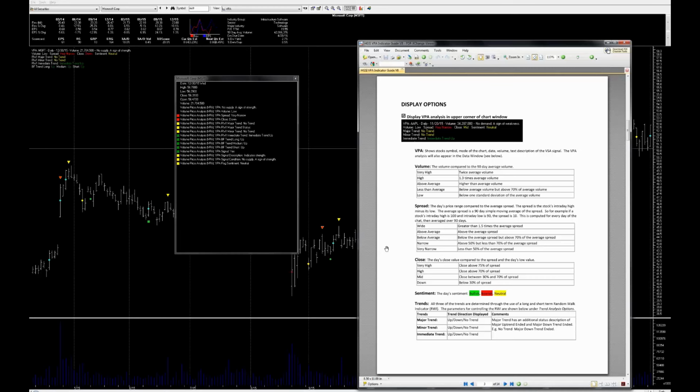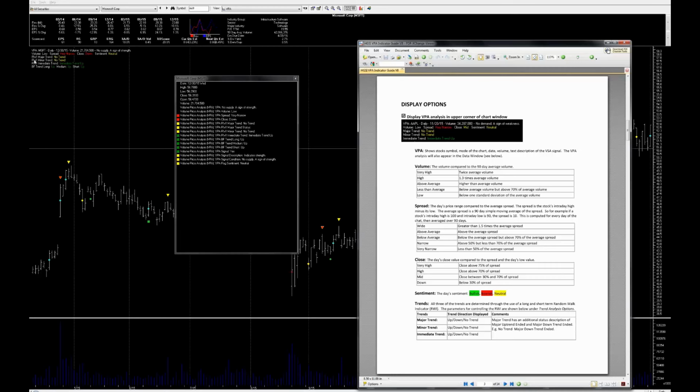So a stock that moves up on higher volume is being bought, and a stock that moves down on higher volume is being sold off. The direction of the price movement and the volume together give you this picture of how the buying and selling of the stock is going. One of the things that's important in working this out is the idea of having the trend. And so the VPA indicator actually uses two completely separate trend systems.